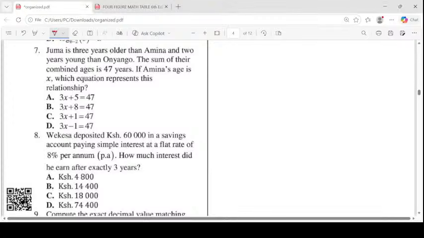Juma is 3 years older than Amina and 2 years younger than Onyango. The sum of their ages combined is 47 years. If Amina's age is x, which equation represents the relationship? So we have 3 people here.